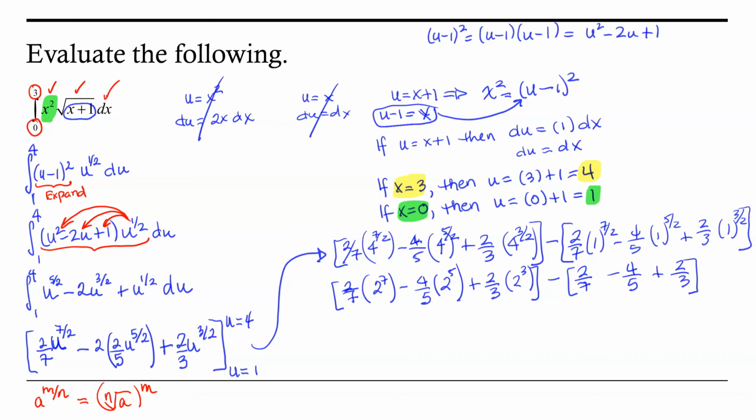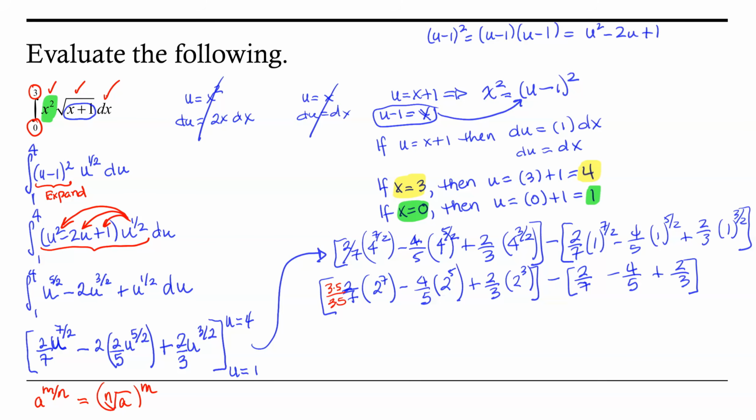Now notice that all of my denominators are prime. So if I were searching for a common denominator, its factors would be 3 times 5 times 7. So for example, in this first term, if I needed a common denominator, I would need to multiply by 3 times 5 over 3 times 5.